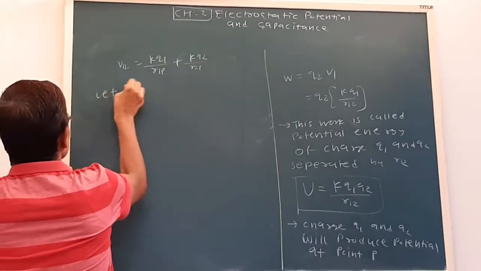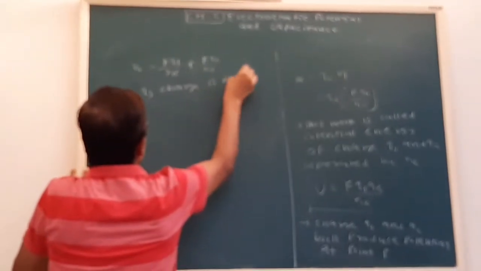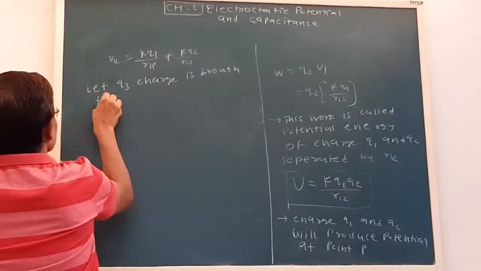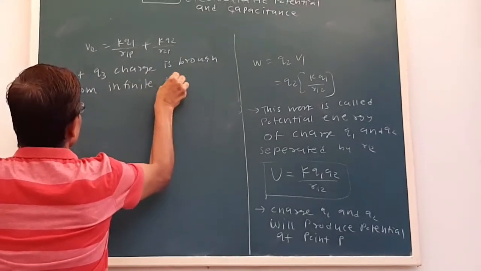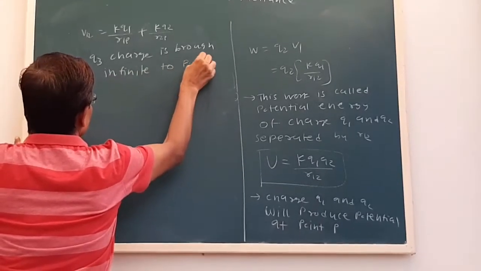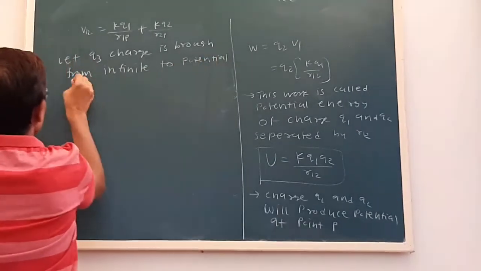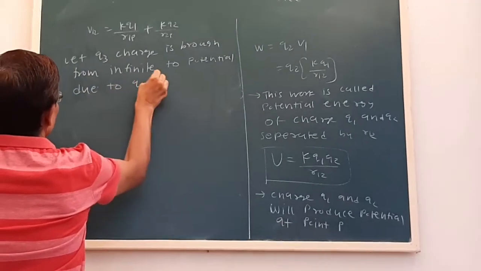So Q3 charge is brought from infinity to the potential V12 of Q1 and Q2.